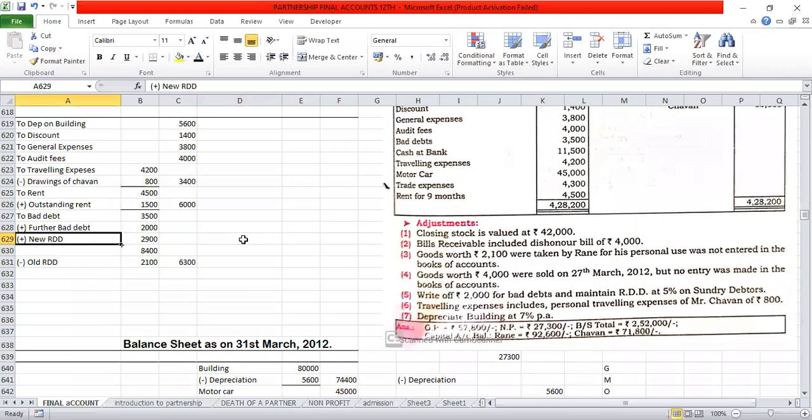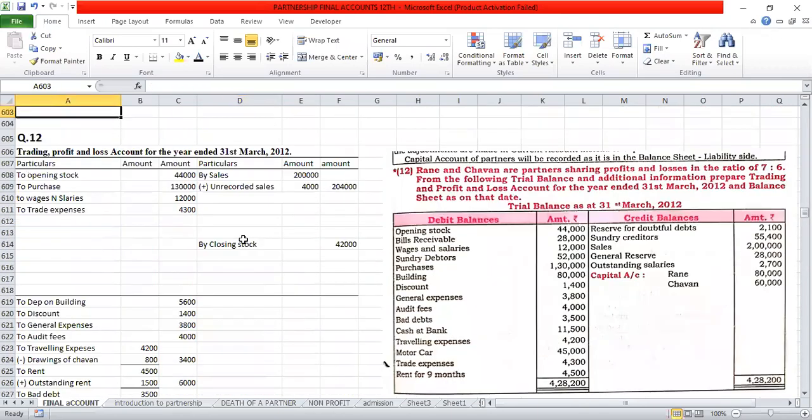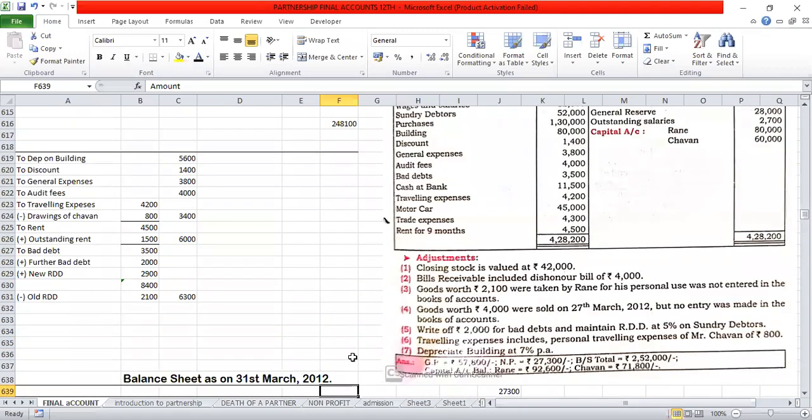Now we will come to find out the gross profit. Look at the gross profit: 2,04,000 plus 42,000 comes to 2,46,000. Any adjustment we left out? Yes, this one.